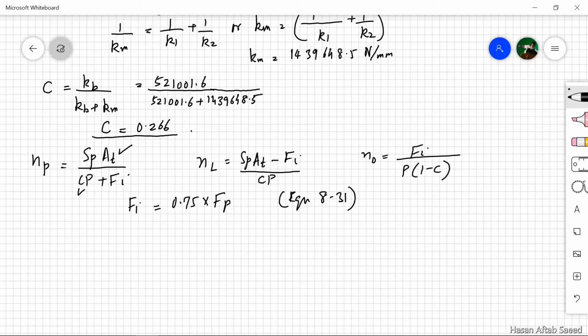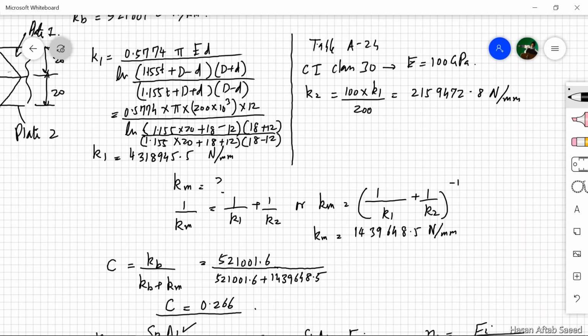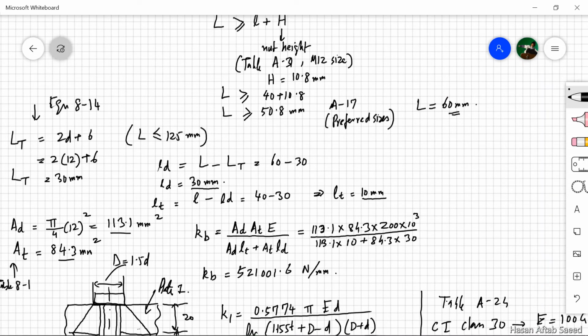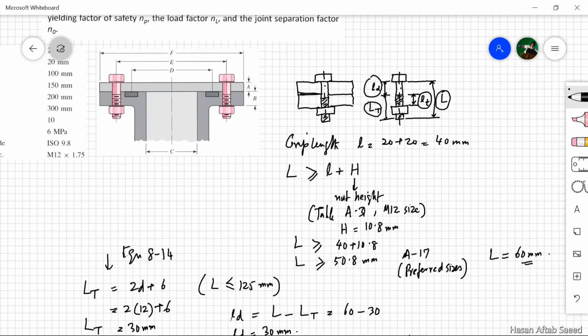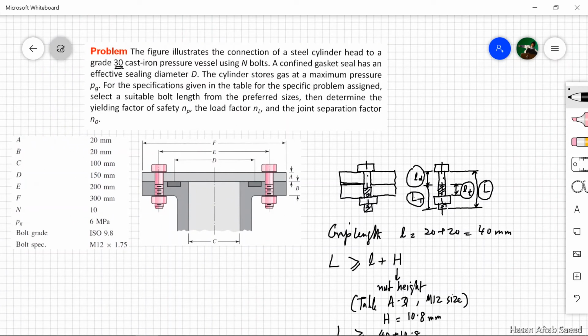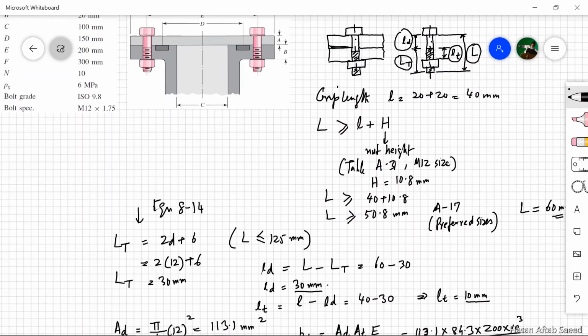Why 0.75? Because this problem is one where we are using a gasket here, and you may need to unfasten this joint, replace the gasket, then fasten it again. So by definition, this is not a permanent joint, it's a temporary joint.